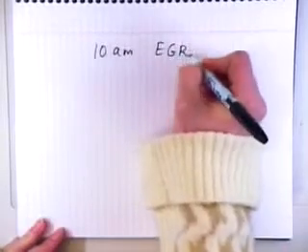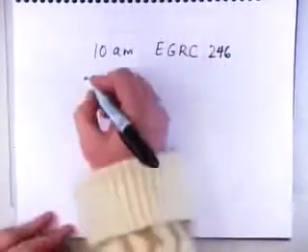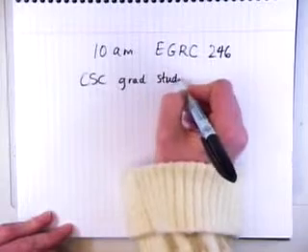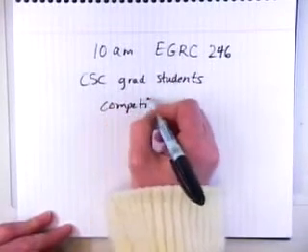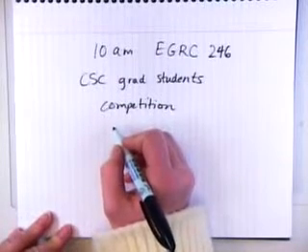What time is that presentation, Friday? I'll be there. The presentation Friday is at 10 a.m. in EGRC. It's open to the public, EGRC room 246. And it's by CSC grad students. And it's a competition. There'll be 3 presentations. And it's sponsored by the GSA, Grad Student Association.